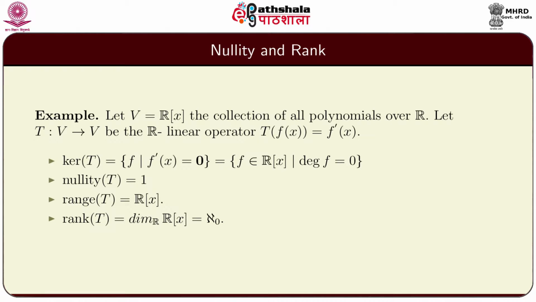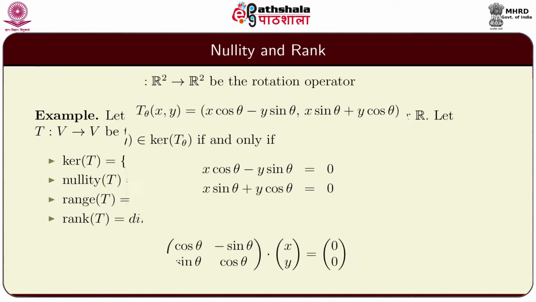but the range of T would be the whole vector space R[x], because it is not difficult to see that this linear operator T is onto V, and therefore the rank of this linear operator T would be the dimension of the vector space R[x] over the real field R, and that is Aleph naught.